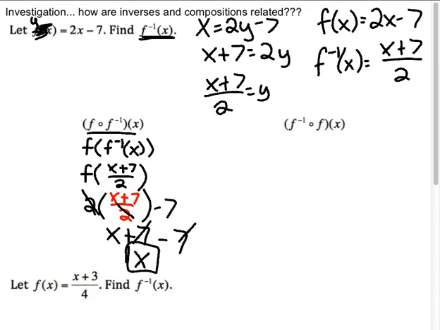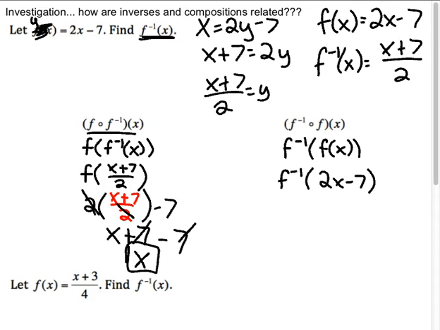Let's talk about doing that composition process in the reverse. So now I'm going to start with the inverse, and I'm going to take the inverse of the function of x. And remember, the original function was 2x minus 7.